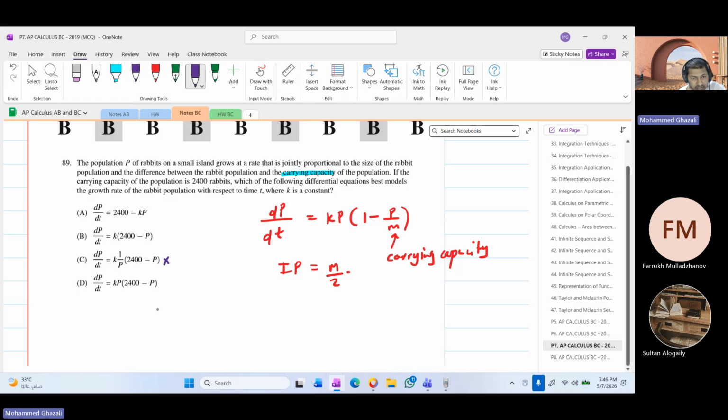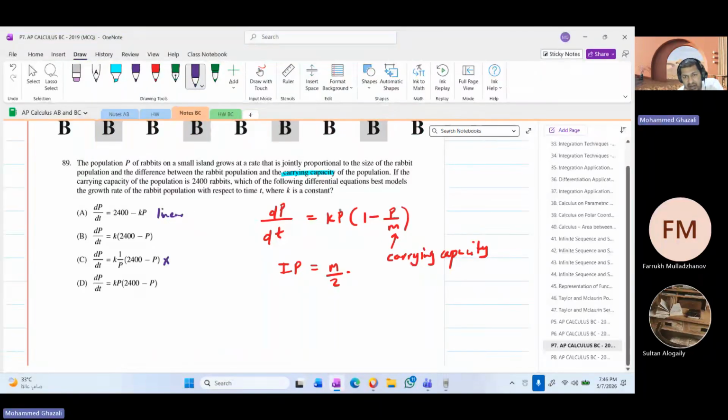So this model is incorrect. It can't be this model because it's got a K, KP, but it doesn't have a P there. This model is totally wrong. This is like a linear model.